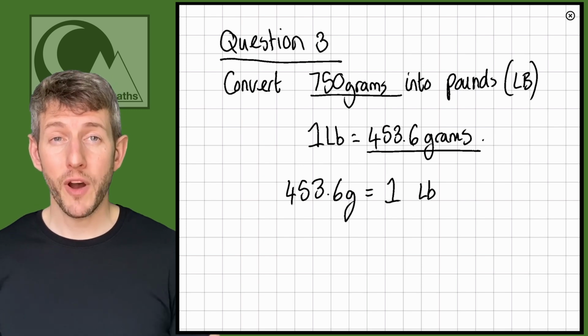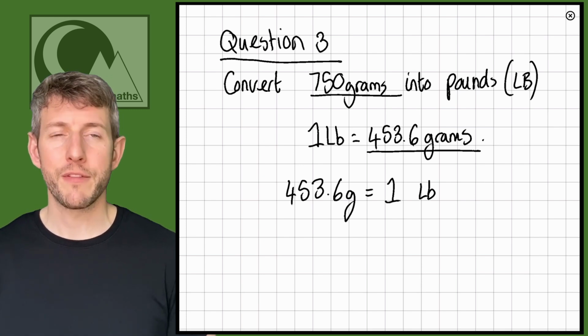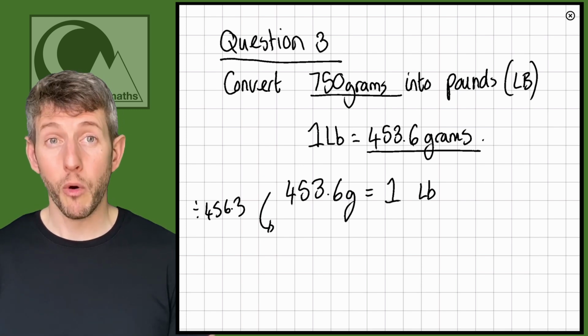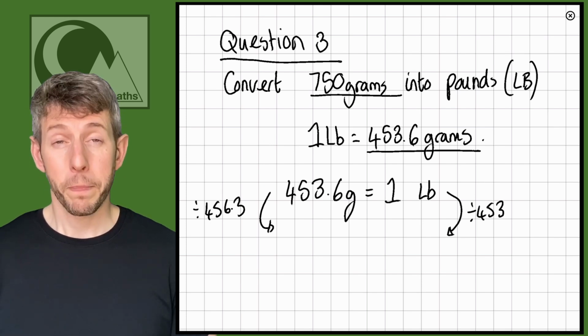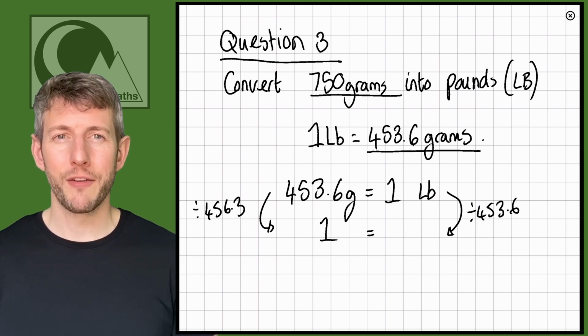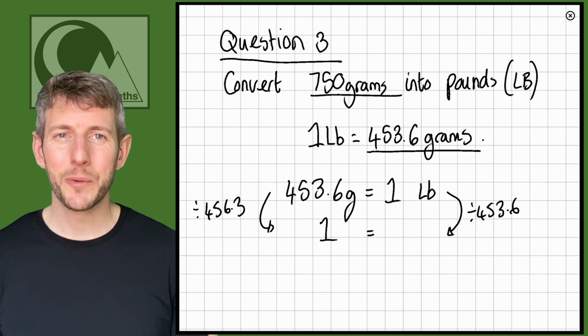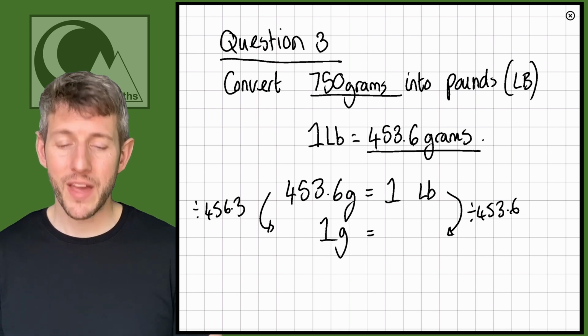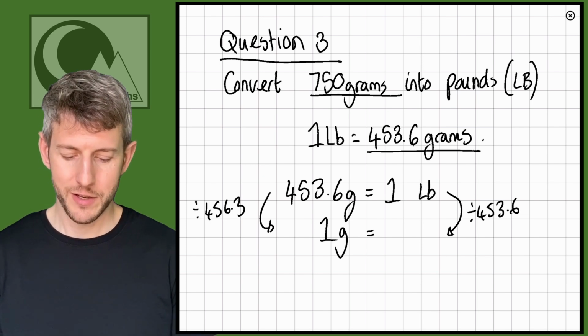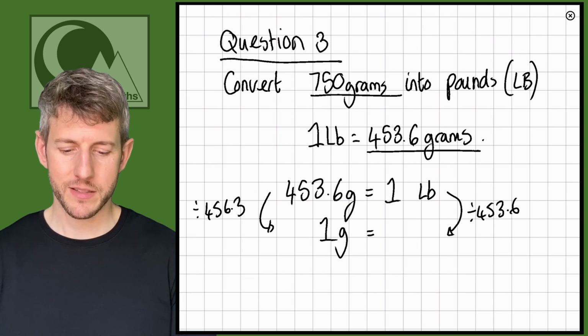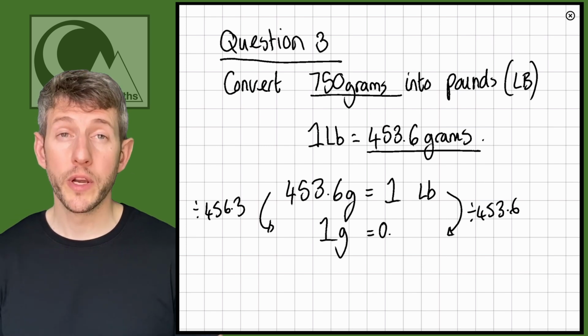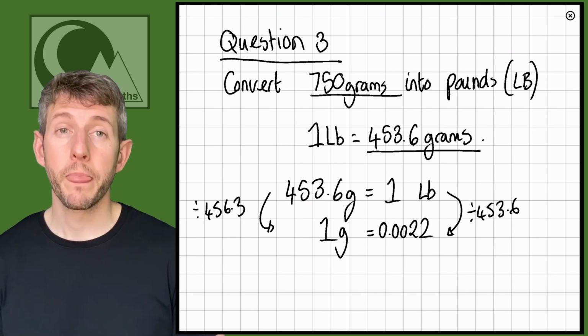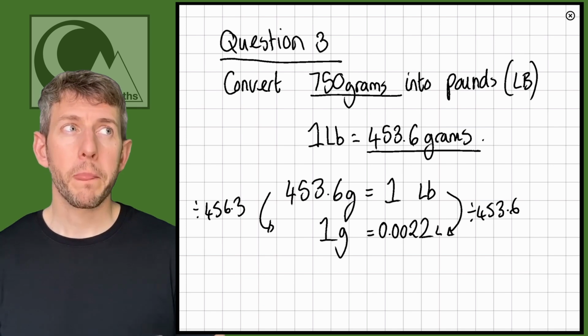I divide both sides by 453.6 to find out what 1 gram is worth. So 453.6 divided by 453.6 equals 1, and then 1 divided by 453.6 equals 0.0022.